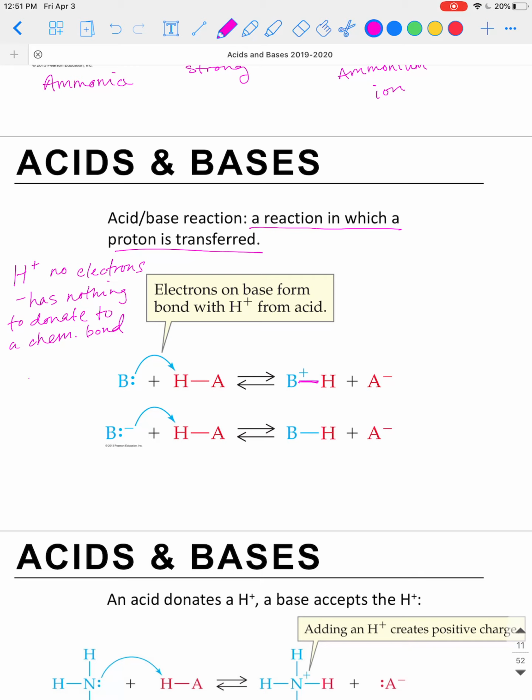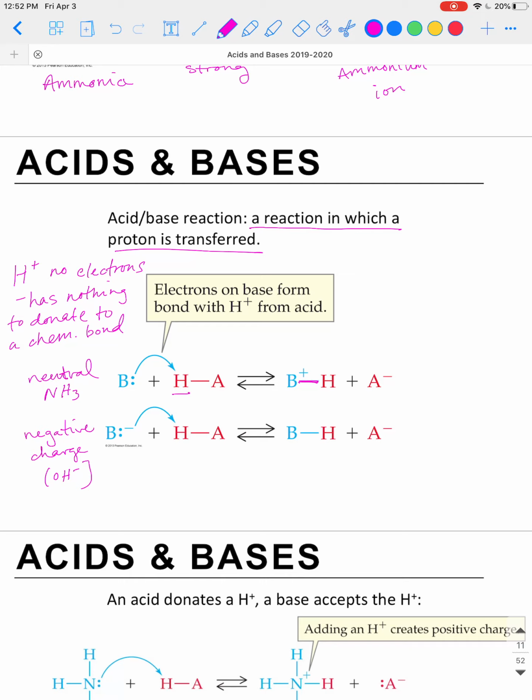In this top reaction, let me erase this. Bases can look all different ways. This base right here is neutral. This base down here has a negative charge. Okay. They don't have to be one way or the other. An example of one with a negative charge is the OH minus. A neutral one that we looked at was NH3.